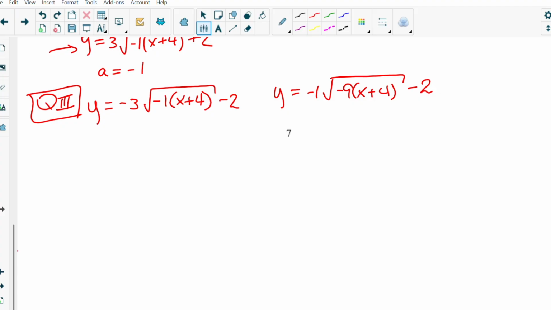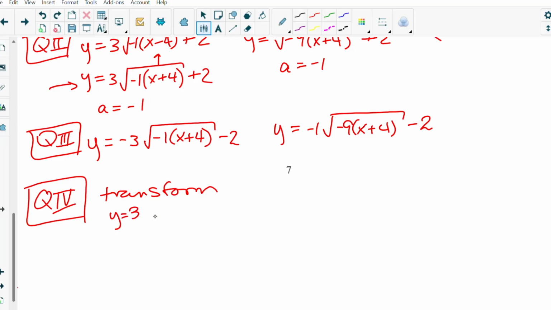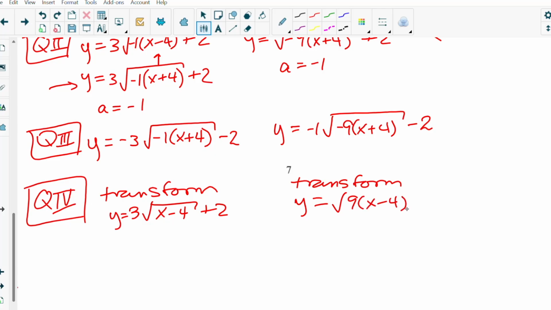In quadrant 4, let me make this a little bit easier. I'm going to start with my quadrant 1 version, which is y equals 3 square root of x minus 4 plus 2. And the other version, the horizontal stretch version, is y equals square root of 9 times x minus 4 plus 2.